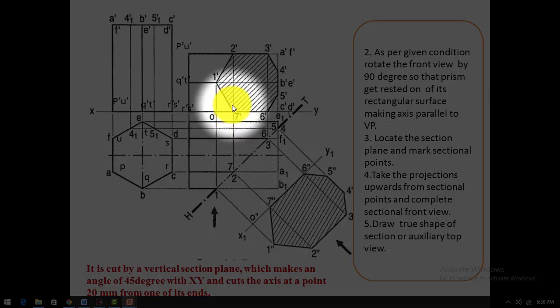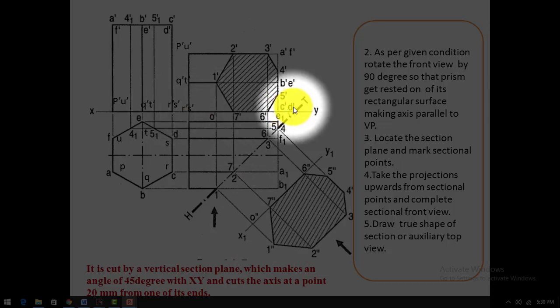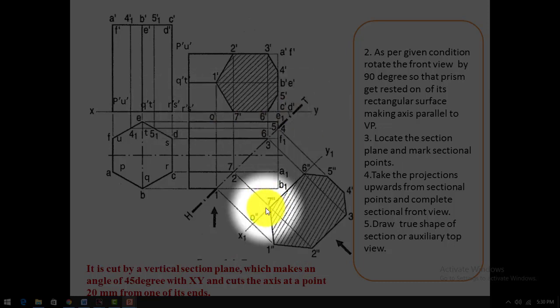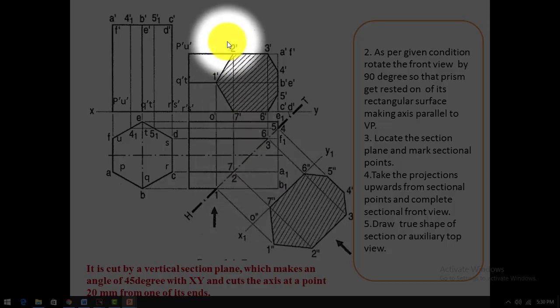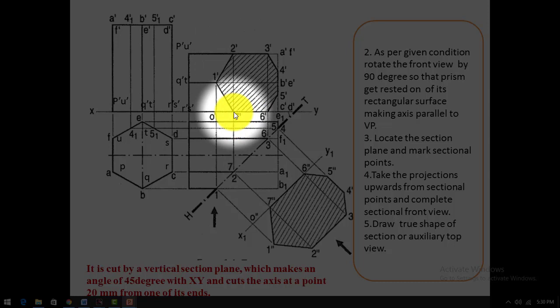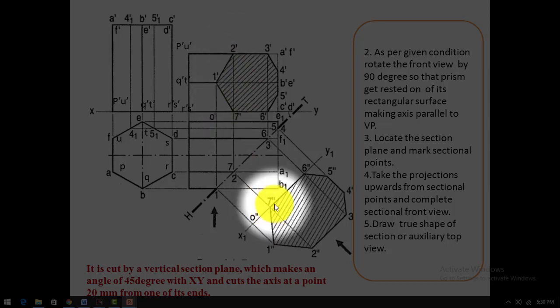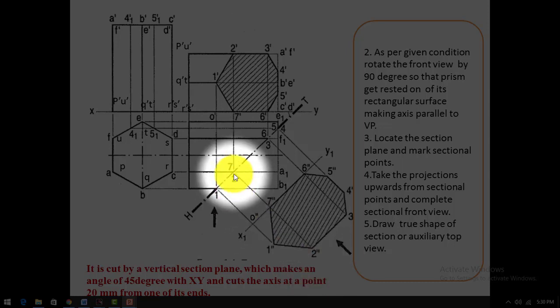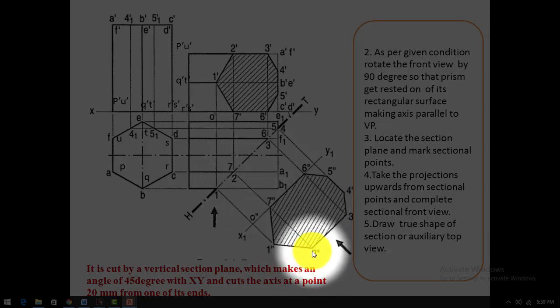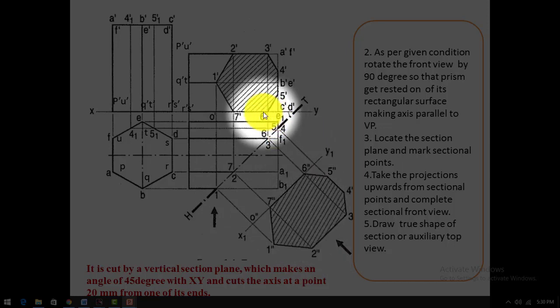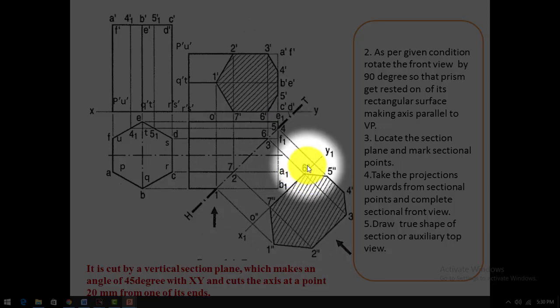Then we want to locate the 7 point. The 7 point is on the same XY line. So this is 7 double dash. Then the 2 point: take the vertical distance from 7 dash to 2 dash in your compass, and with 7 double dash as center, cut an arc on the line from the 2 point. So this is 2 double dash. Then the 6 point is on the same line, so this is 6 double dash.